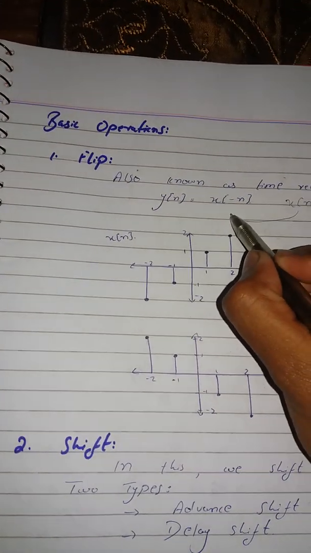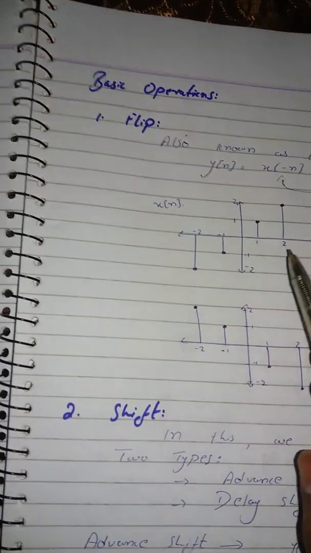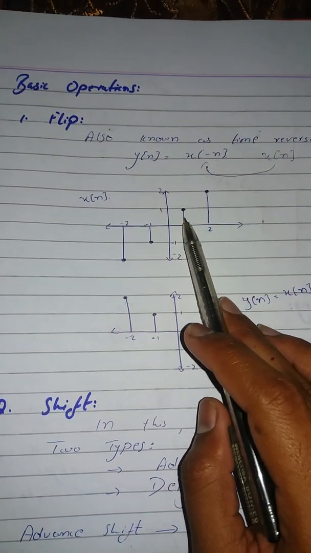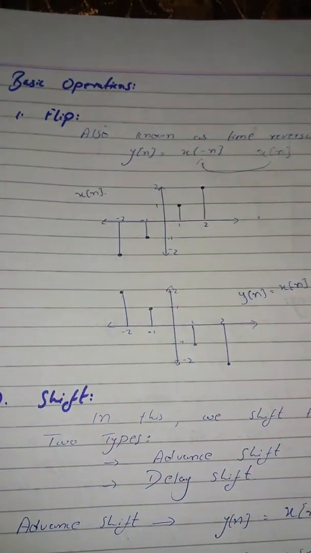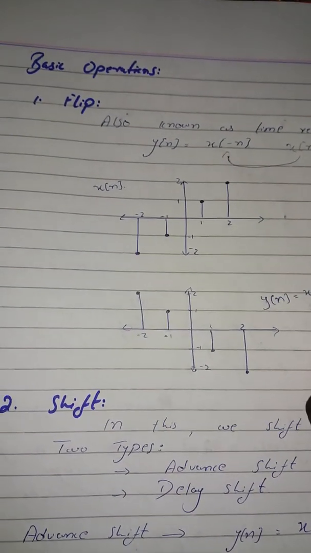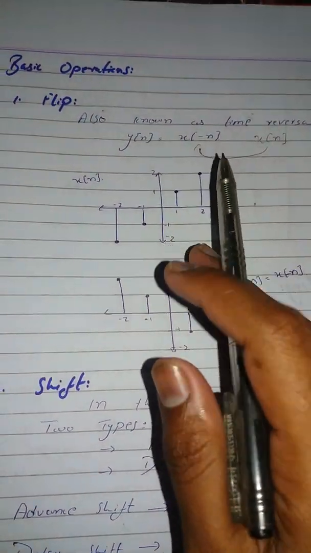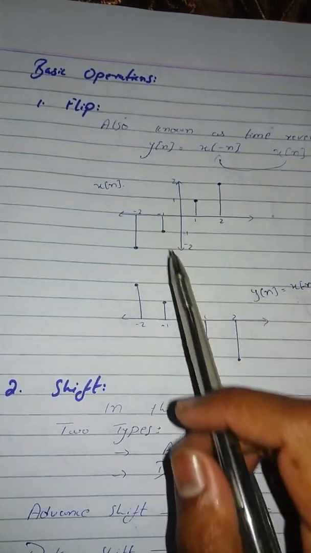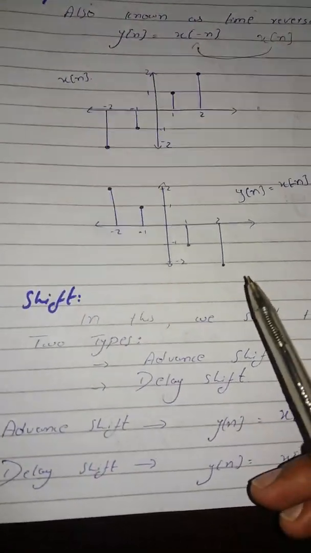We flip it by just making the negative interval. As you can see, at 1 we have amplitude 1, at 2 we have amplitude 2. When we apply the flip operation, you can see that a mirror of that signal is formed over here. That's why we use the flip operation.